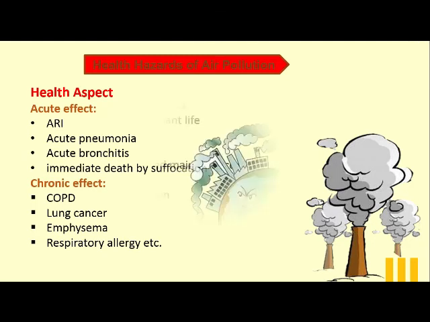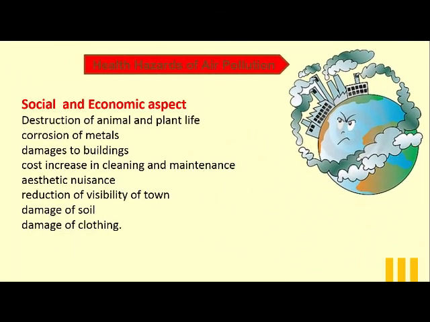The second aspect in health hazards of air pollution is the social and economic aspect. The social and economic aspect includes destruction of animal and plant life. It is estimated that 5% loss of crops and plants is attributed to air pollution worldwide. The effect on plant life includes early drop of leaves and early death of plants.